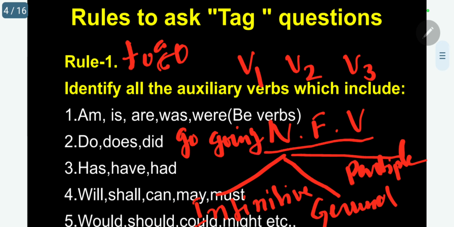Walk, walking. Come, coming. When you use coming, we have to remove e and add ing. So this is nothing but gerund. வந்து கொண்டு, போய்க்கொண்டு, நடந்து கொண்டு, பாடிக்கொண்டு. You can use that, that is gerund, முற்றாவினை.